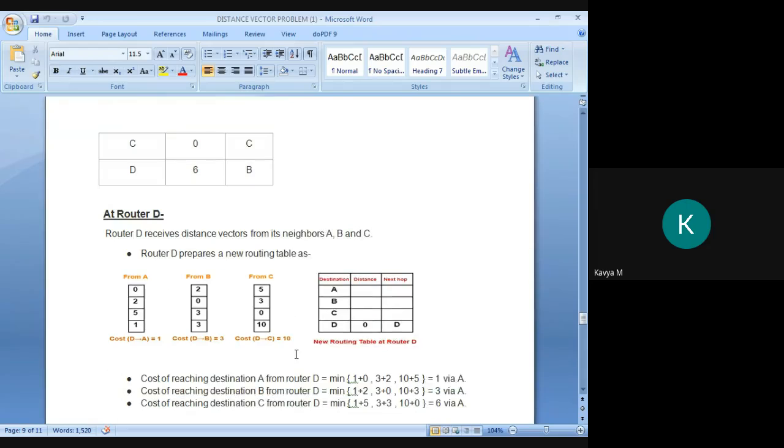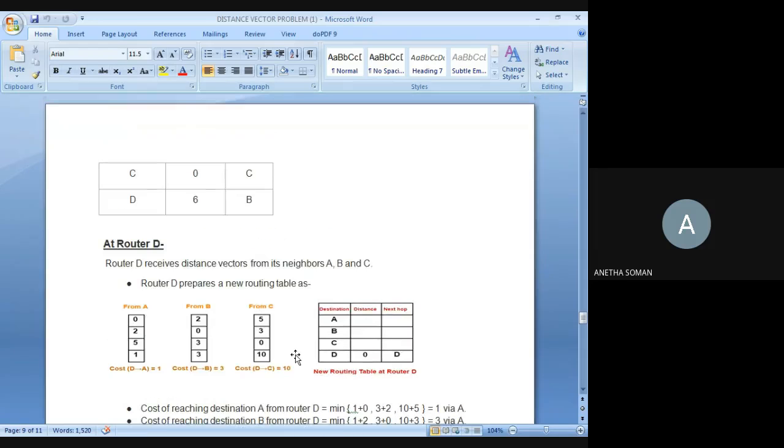So, answer is 3 via A, similarly 3 via B. You're getting two values, right? You can either take A or B. No issues because both the values are 3 you're getting. So D to B, it is via A.